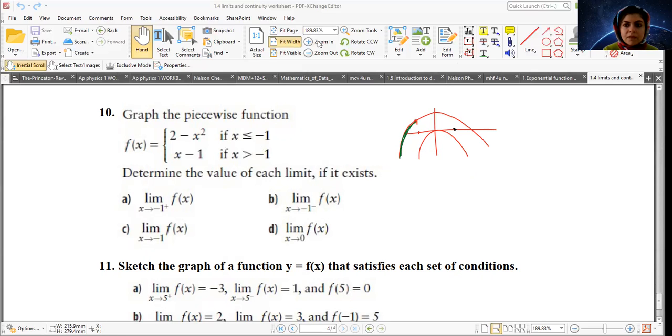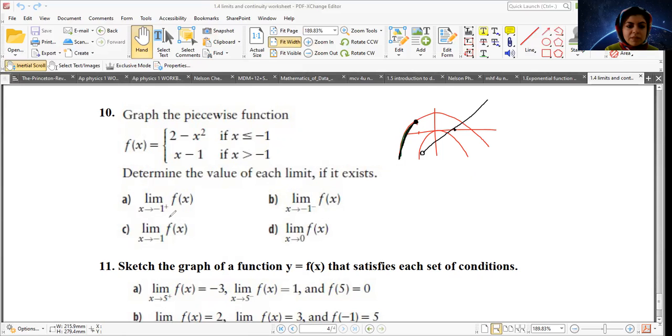I need this to be an empty circle. Why? Because this is not equal to -1. And then this is the line. So basically this part, the black part, will be the one that you have to draw.